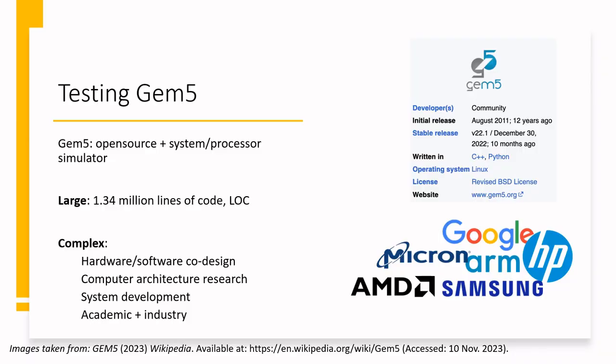There are many things that still need to be tested. It tries to simulate different hardware, which is very complex, different computer architectures, and system development, so it's a very strong effort that requires knowledge from academia and industry.